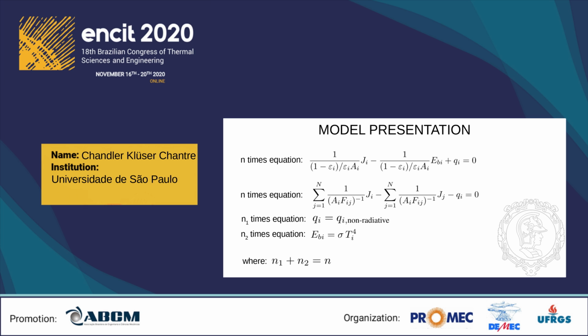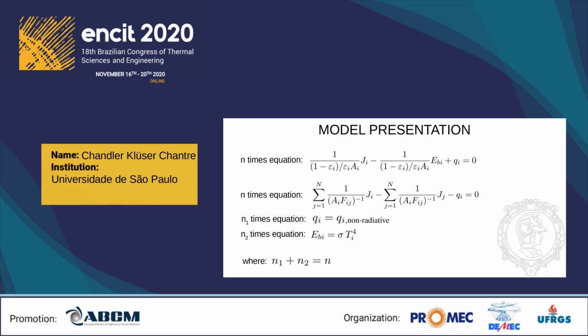The third set of equations is separated in 2 parts that sum to n. The first part has n1 equations. The second part has n2 equations. Both of them tell how the radiative system is related to the environment.